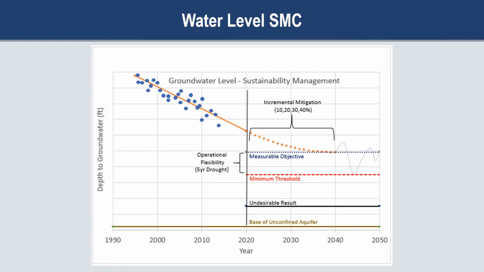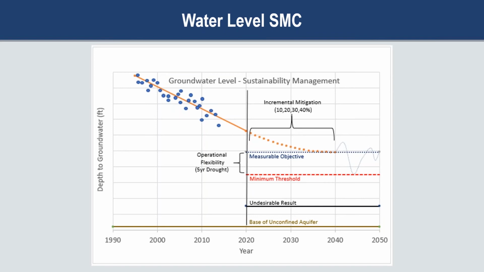So from that water level in 2020, we have applied a rate of mitigation similar to the rate I talked about in the water budget. We want to address 10% of the problem in the first 5 years, 20% in the next 5, 30% from 2030 to 2035, and the final 40% from 2035 to 2040. So this is applied to the rate of decline.